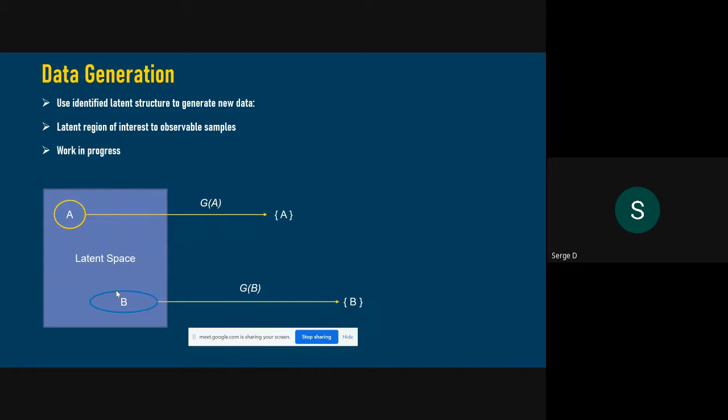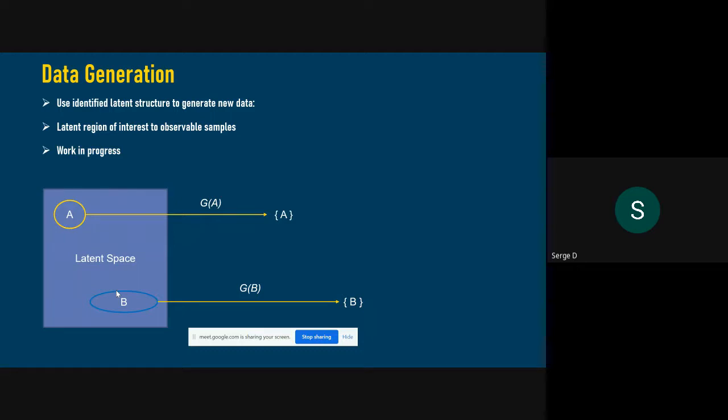So as a result of training, we produce both latent representation in the latent space and two functions: the encoder function from the observable space to the latent space, and the generator function from the latent space back to the observable space.